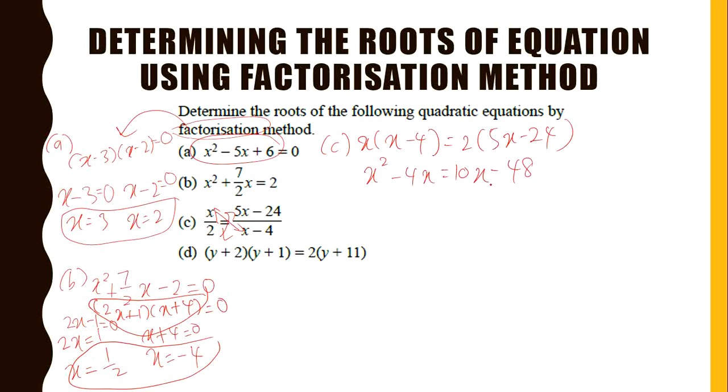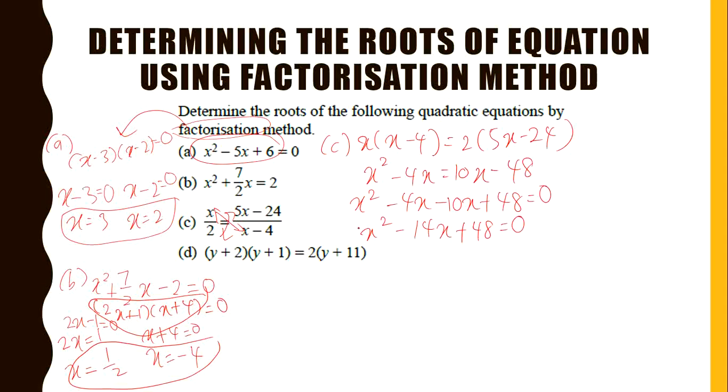Tak jadi quadratic equation lagi. Quadratic equation dia kena equals to 0. So kita pindah lah. X square negative 4x. Ni 10 pindah ke sini jadi negative 10x. Negative 48 pindah jadi positive 48. So equals to 0. Yang mana like terms kita boleh simplify. X square minus 14x plus 48 equals to 0.